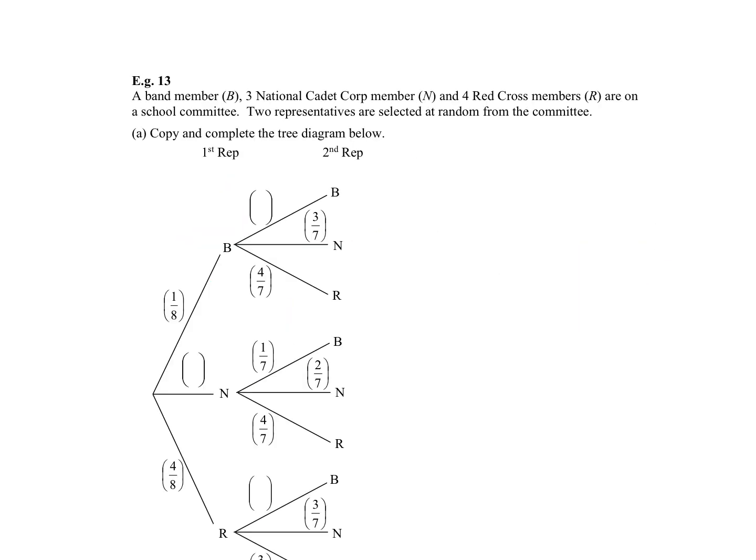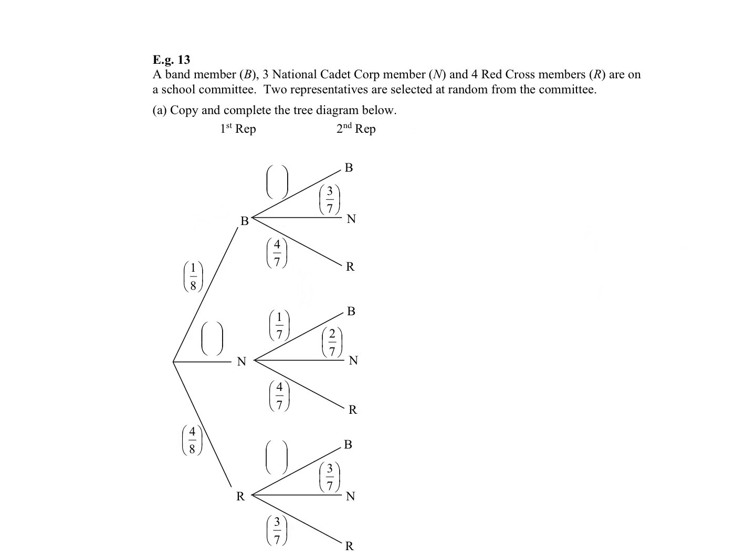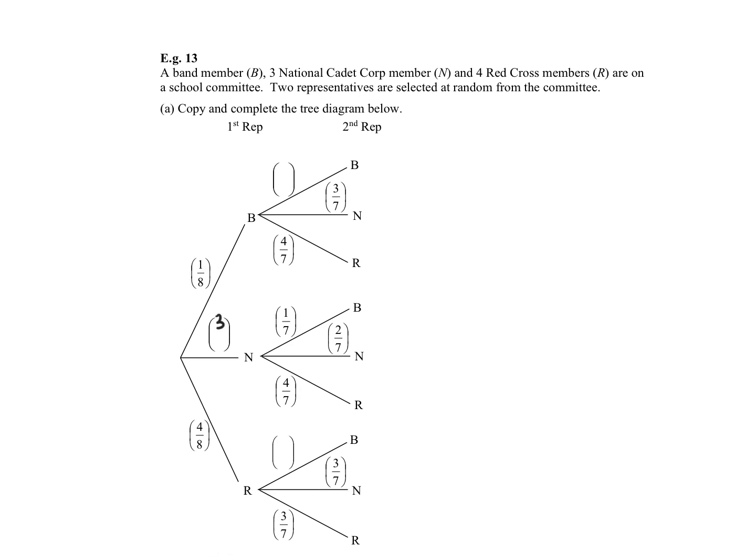Okay. B is band. N is NCC. R is Red Cross. So they say you have a total of 8 members. 3 from NCC. So the first bracket is 3 over 8. Okay, then 2 representatives are selected at random from a committee. Okay, this one listen carefully.